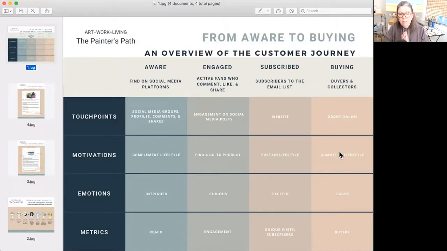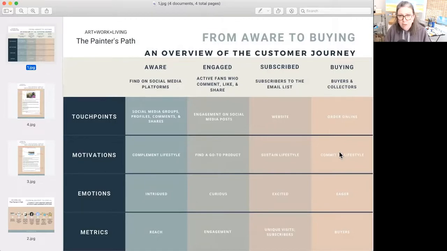So it's crucial to remember in each of these categories, at each of these stages, that there are touch points and there are metrics that you can measure on those touch points so that you can actually predict how many buyers you'll have at the end by how many people you're reaching at the beginning. What does that? It's called a conversion rate. So in marketing, as in almost anything else, there is an average conversion rate.